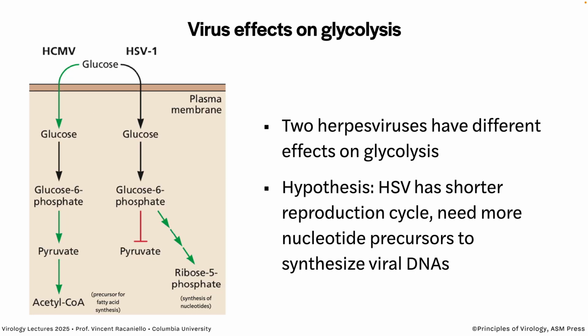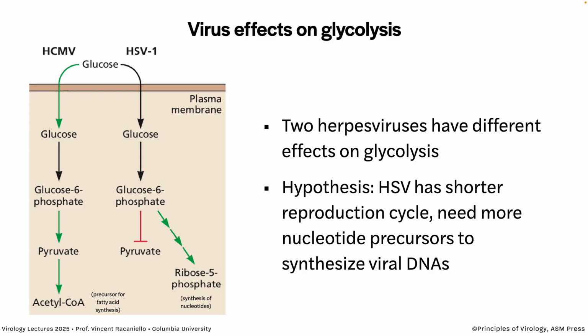And different viruses have different effects on glycolysis. Here again is an abbreviated form of our glycolytic pathway on the left. And we have 2 herpes viruses here, human cytomegalovirus and herpes simplex 1. HCMV stimulates the uptake of glucose. The green arrow pushes it all the way to acetyl-CoA, the precursor for fatty acid synthesis.